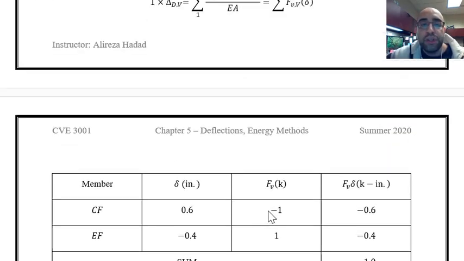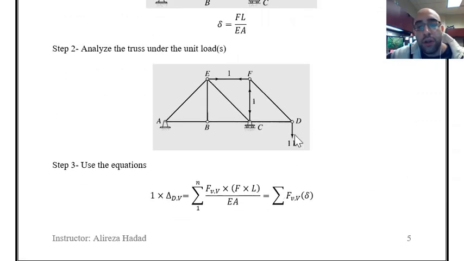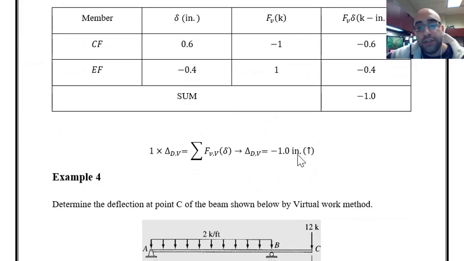It is negative, which means that the deflection is opposite to the direction that I considered for the unit virtual force. This unit load is downward, and the deflection that I got from the calculations is negative, which means the deflection at point D is upward, and that's what I have over here.